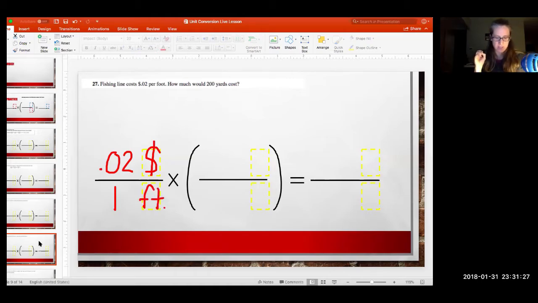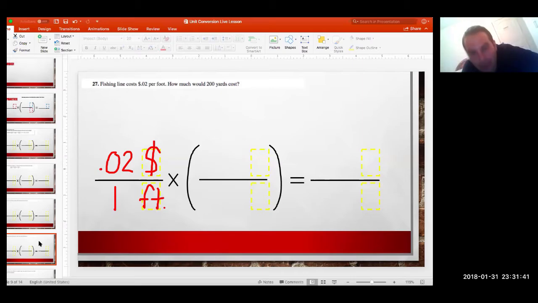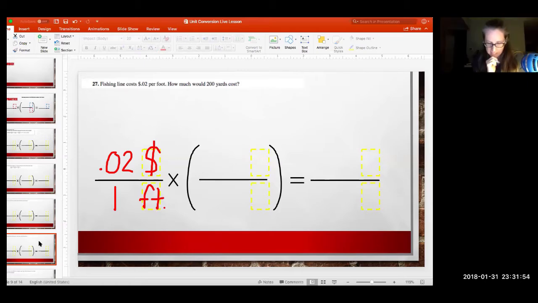We know that information, and so what are we looking for? Diego, can you answer that question? Yes, I read that. It's how much would 200 yards cost.